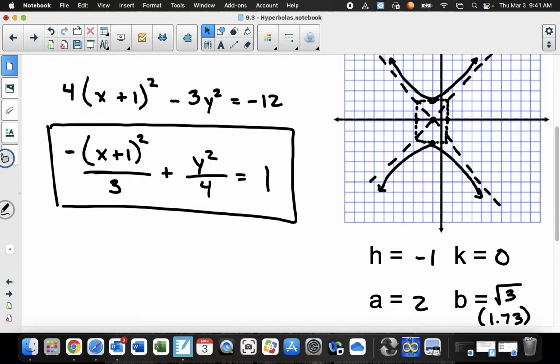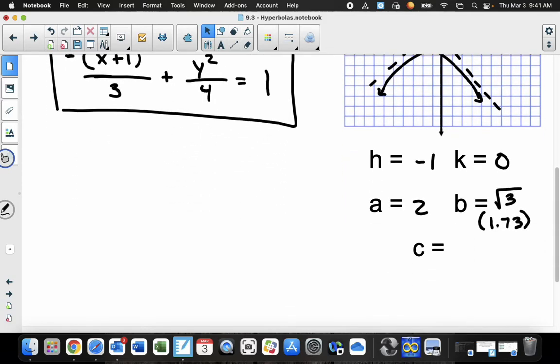Only one thing left. What's the one thing that I didn't put in yet? C. I didn't put the focal points in yet, which hopefully, again, if you think back to a parabola, they're going to be inside the two parabolas. So in order to find that distance, we take a look again: c squared equals a squared plus b squared. Which one in my equation is a squared? That's the 4. Okay. So c squared is really 4 plus the b squared, which is 3.